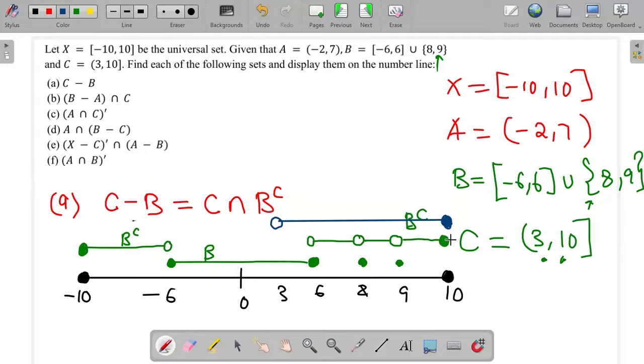Okay, so now we're looking for the intersection between the B complement and the set C. This one in blue is my C, and this one here is my first part of the B complement. The other one is there. So I'm just looking for where these two are actually intersecting.